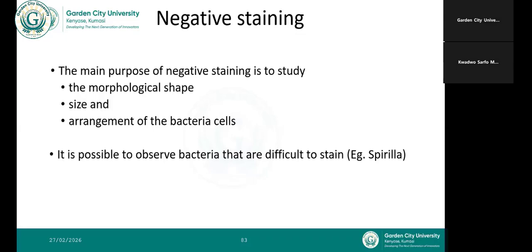So in this case, you have an unstained bacterial cell, but a stained background. So this will reveal the actual shape and then the size of the organism and then the arrangement. But the actual bacterial cells are not stained.